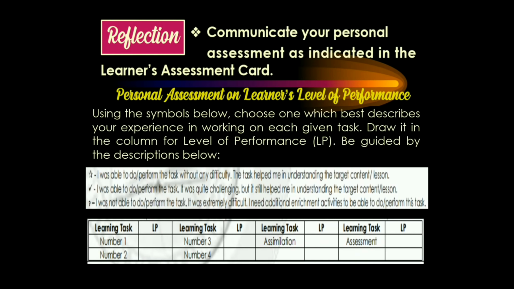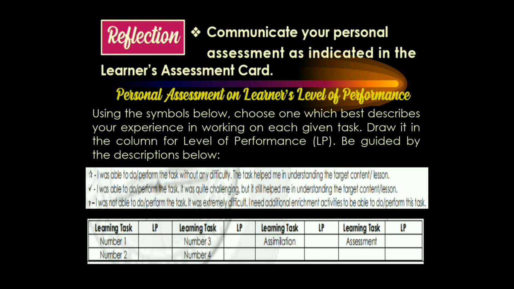So this time, I want you to communicate your personal assessment as indicated in the learner's assessment card. So personal assessment on learner's level of performance. So using the symbols on the screen, you're going to choose one which best describes your experience in working on each given task. Draw it in the column for the level of performance and be guided by the descriptions.